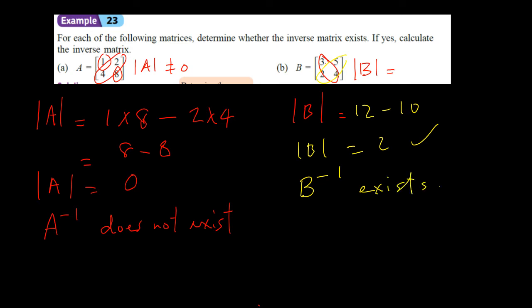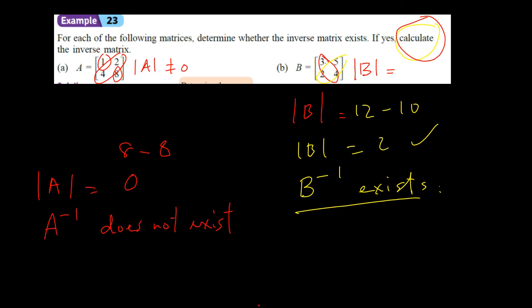So when it exists, we have to calculate it. Okay, let's do it. Remember the formula? We do it one by one.